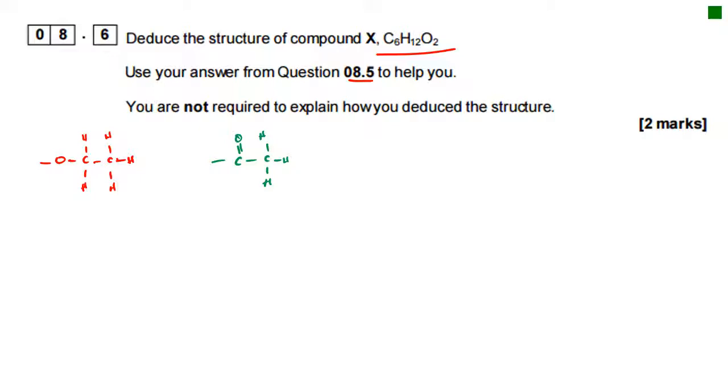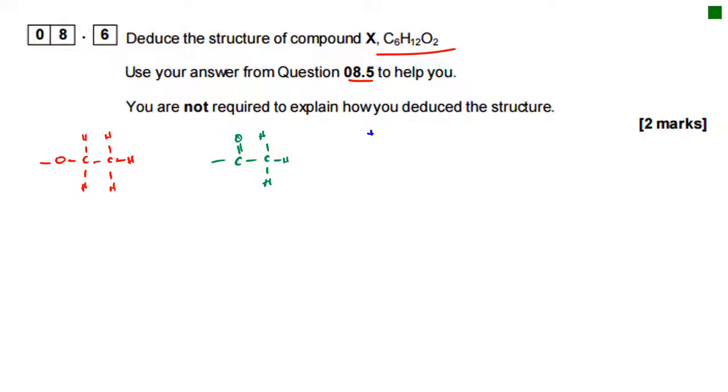Now what we've got to do is put them together with any other bits that we haven't thought about so far. And let's see, we've got C6, so we need 6 carbons, and we've only got 4 accounted for so far. And we need 12 hydrogens, so let's see, we've got 1, 2, 3, 4, 5, 6, 7, 8, so we need another 4 hydrogens.